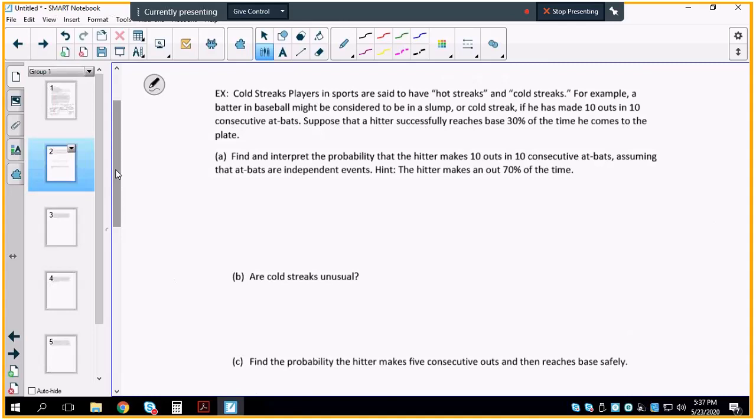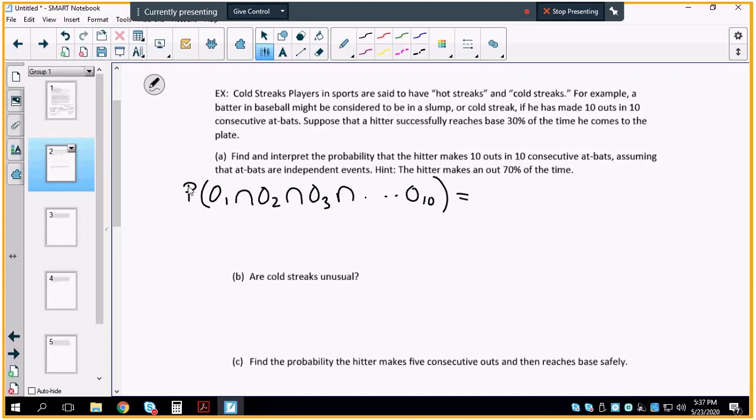So it has told me that at-bats are independent events. Also, it has told me the hitter makes an out 70% of the time. So you want 10 outs in 10 at-bats. So write it in this way: probability out the first time, out the second time, out the third time, and out the 10th time. All of them are outs.